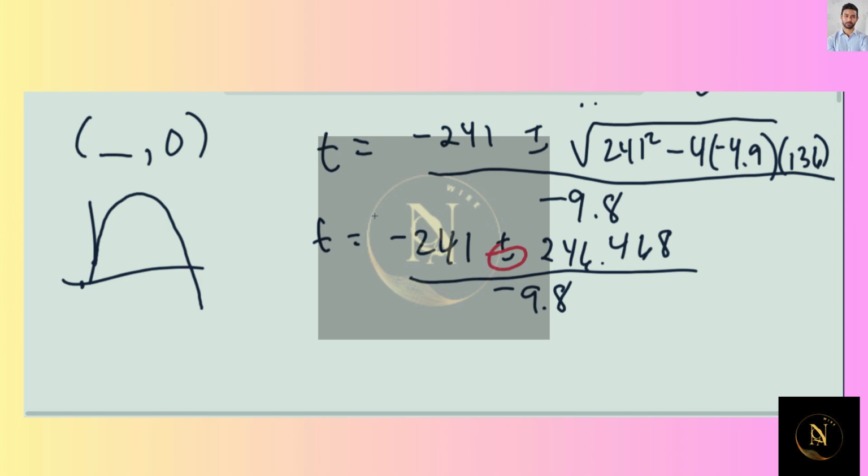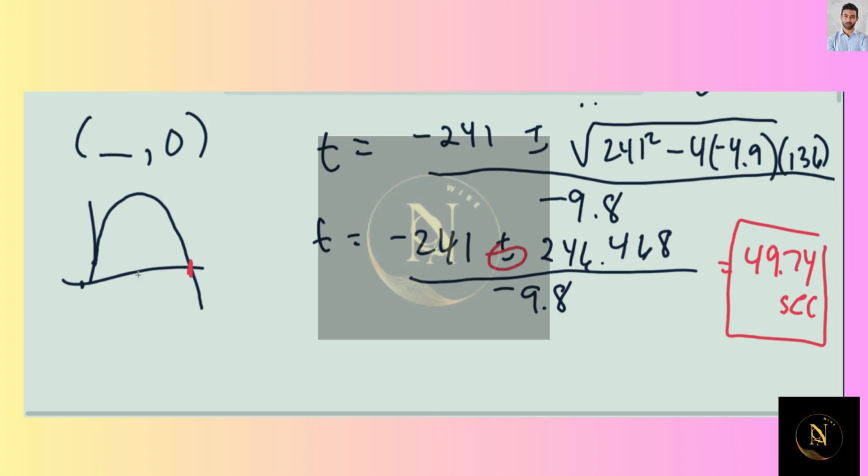If I take negative 241, subtract away that value I just stored, and divide that by negative 9.8, I find that my time is after 49.74 seconds. That's how long it's going to take before it finally hits the ground. So there's my first time.